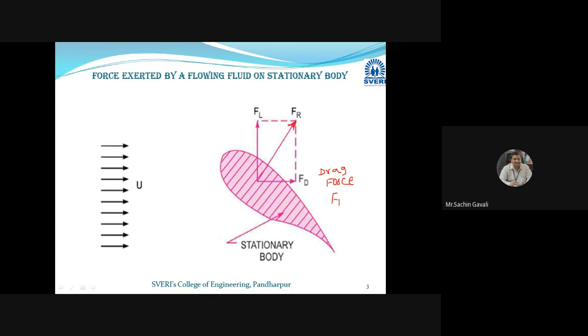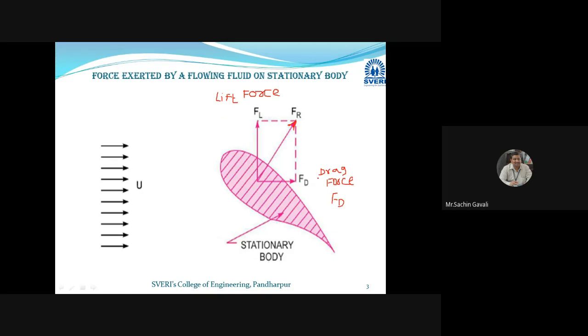Then another force is there, another component of the resultant force, which is in the perpendicular direction of the fluid. That is called lift force, denoted by FL. So FL is the lift force and FD is the drag force.